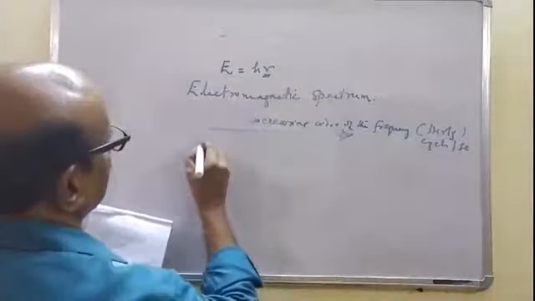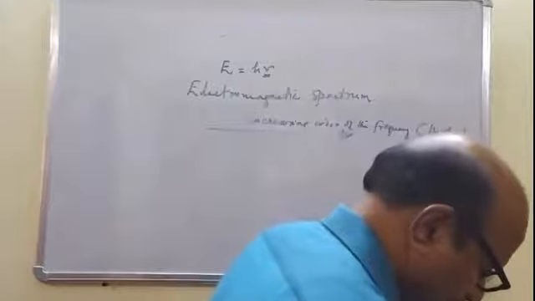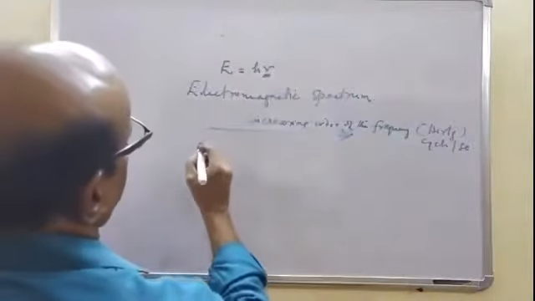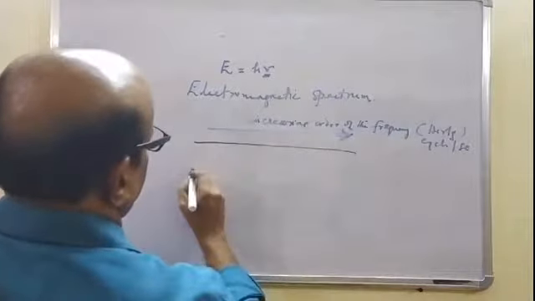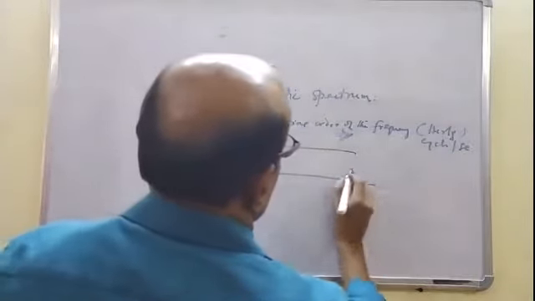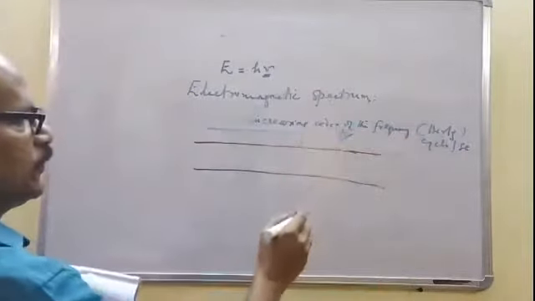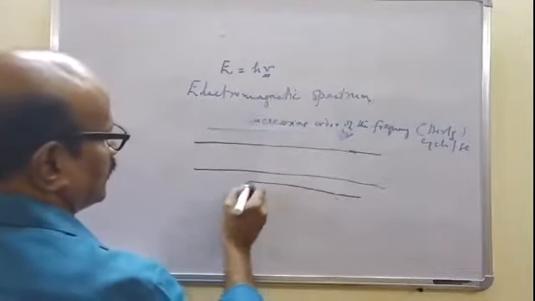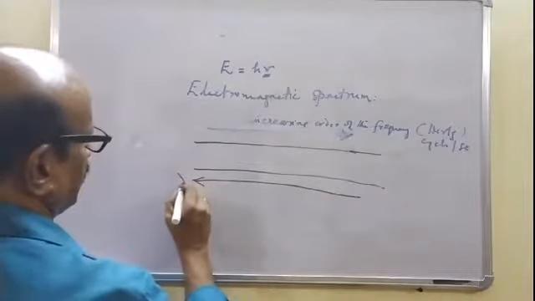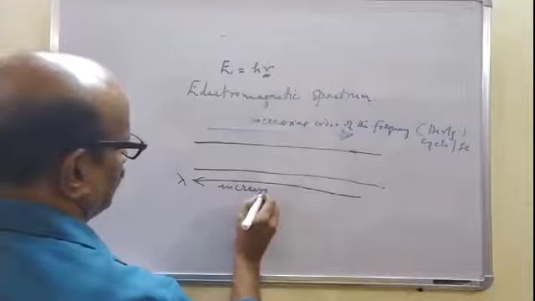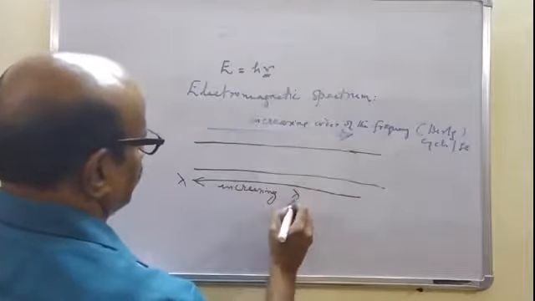So this is the representation: increasing order of frequency or decreasing order of wavelength lambda.